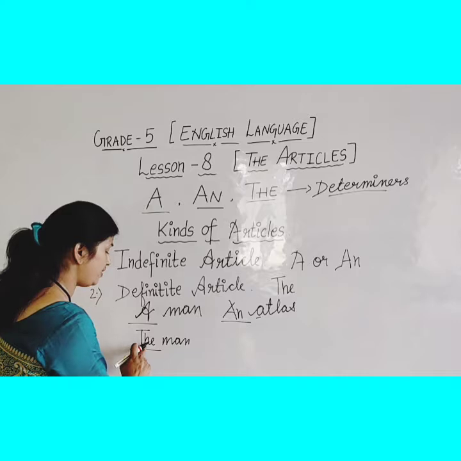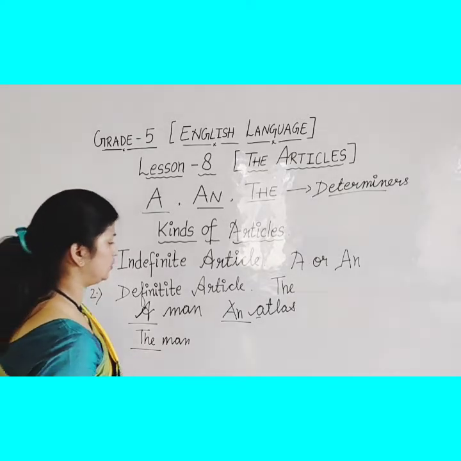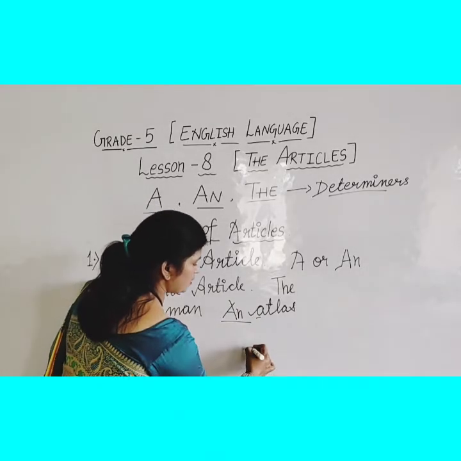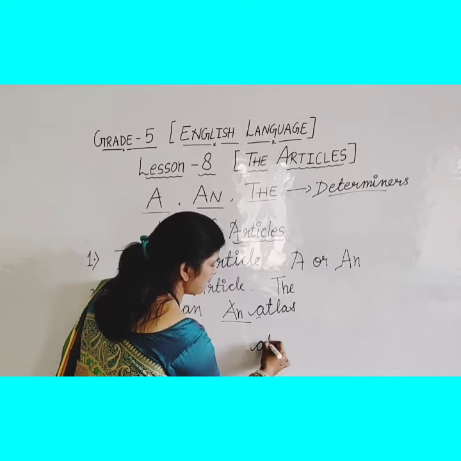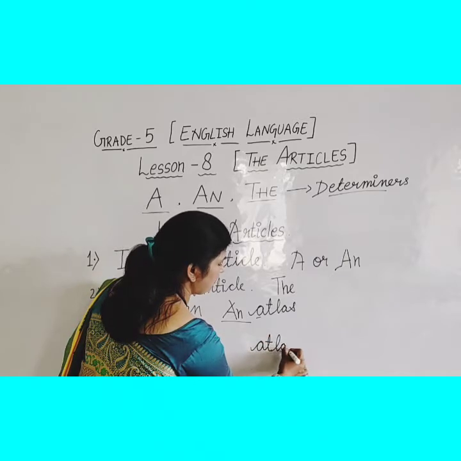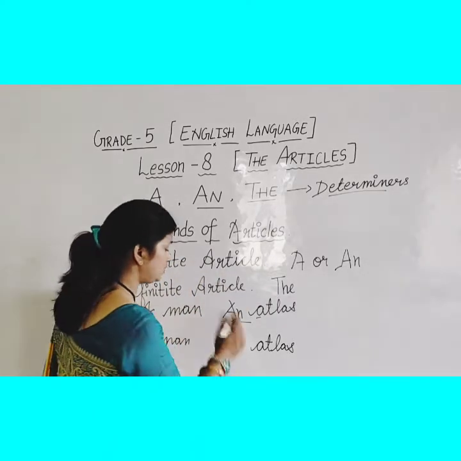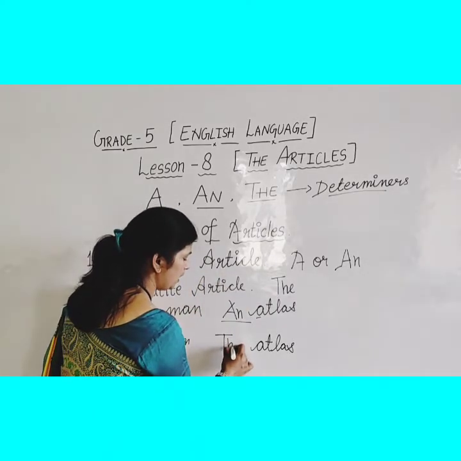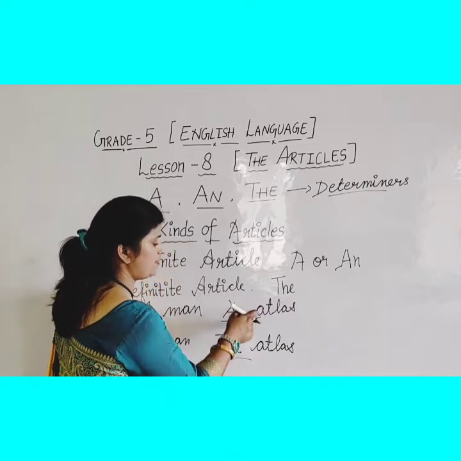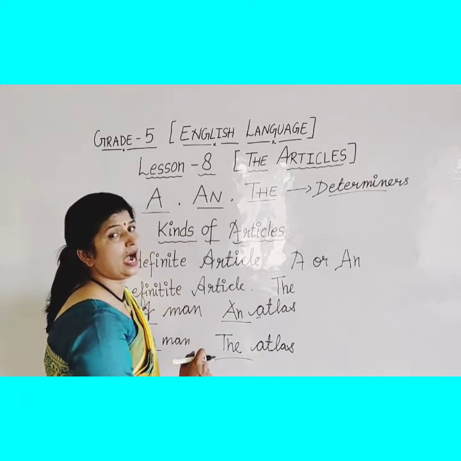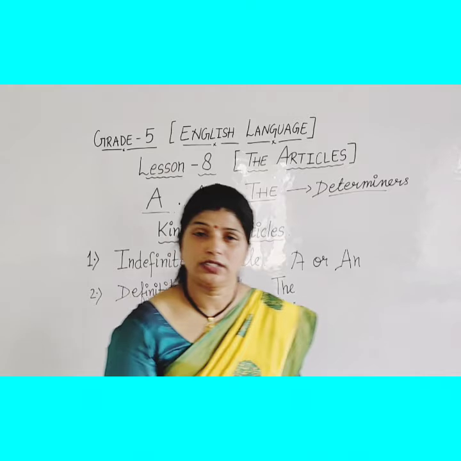Then at that time we will use the. Again, if I am talking about a particular atlas, then at that time we will use the atlas. At that time we will not use an. I hope you all must have understood this well.